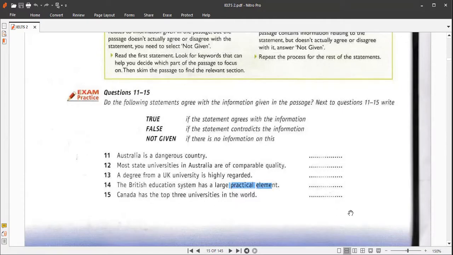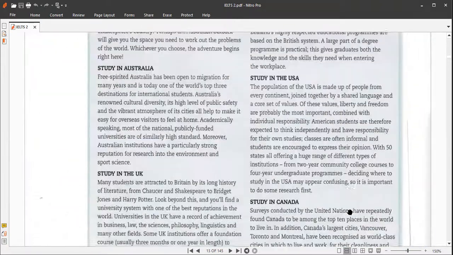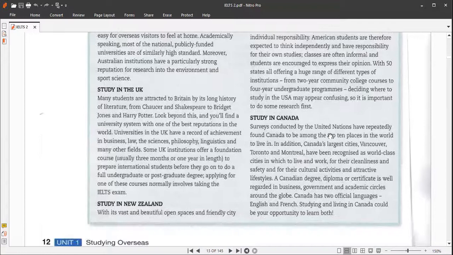Canada has the top 3 universities in the world. Canada has the top 3. Okay, we have top 10 places to live in, not the universities. So top 10 places to live in. Okay, world class cities to live and work, well regarded in business.